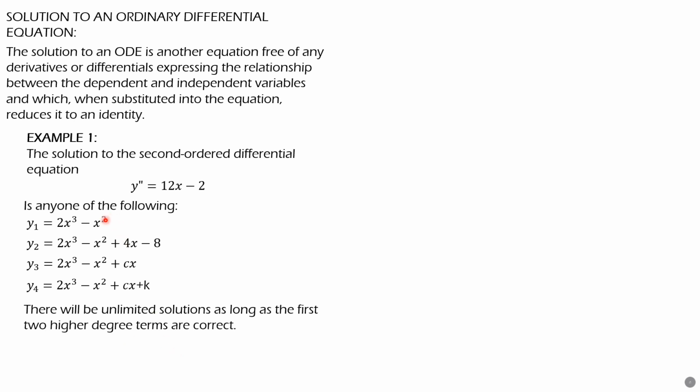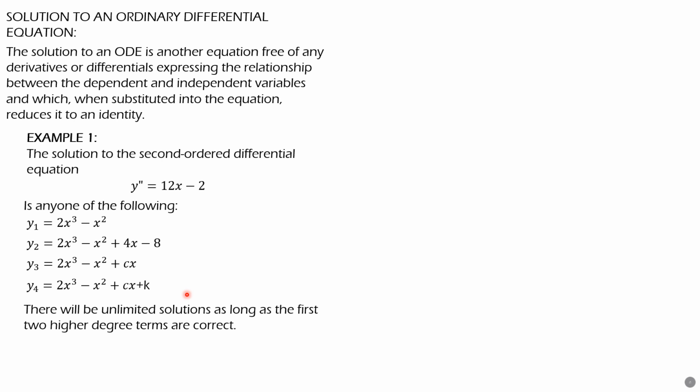For the solution, let us evaluate the derivative of each of these, and it will go back to the original equation. In particular, let's evaluate the first derivative and second derivative of this third solution, which is a solution to that original second order first degree ordinary differential equation.